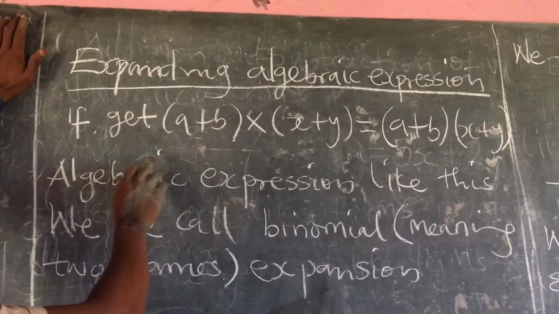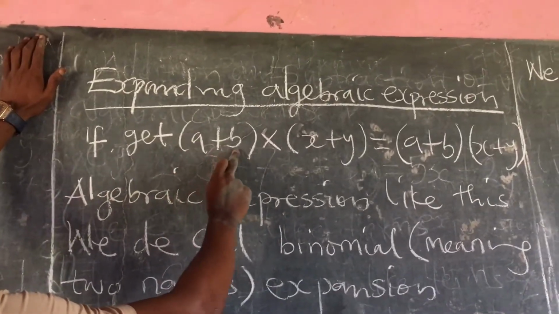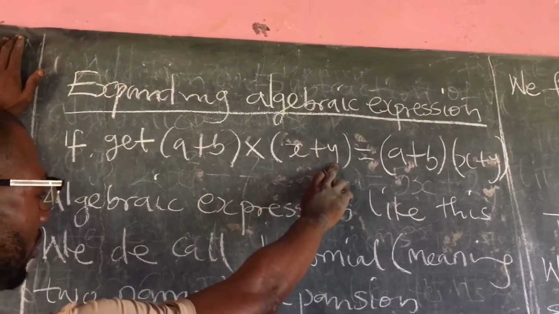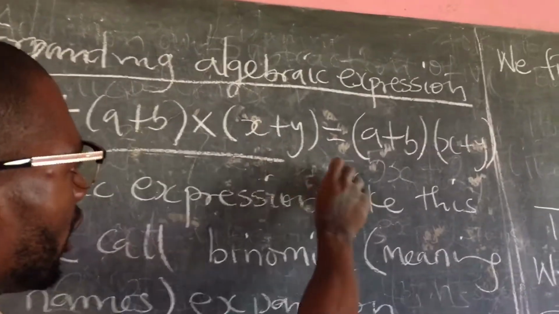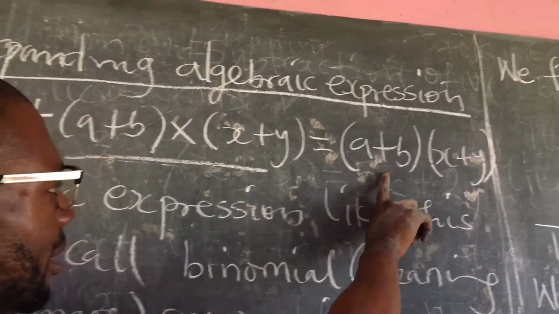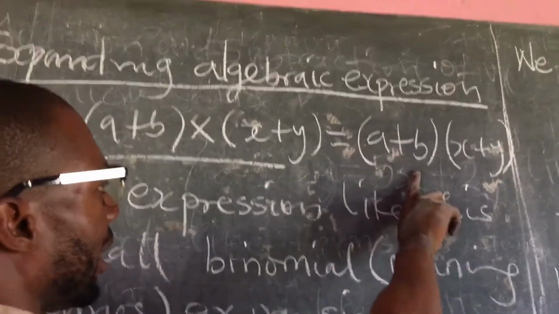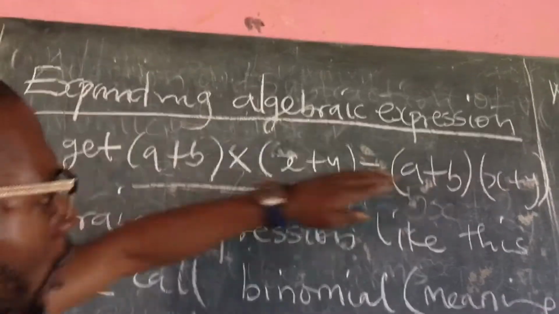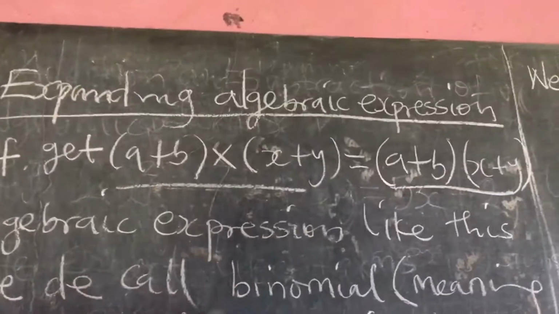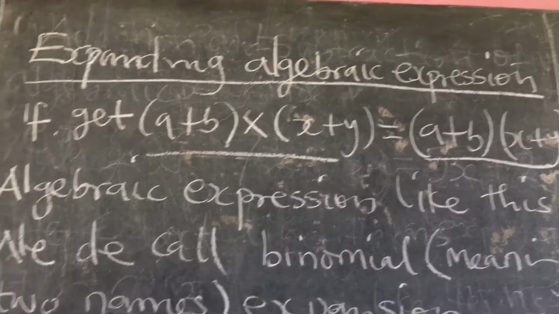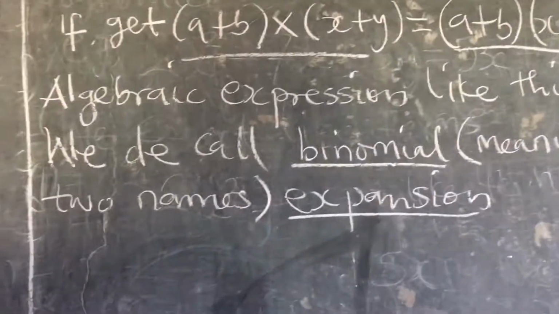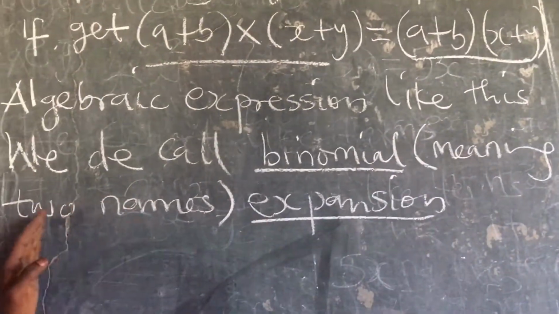Now we want to do expanding algebraic expressions. If we get something like bracket a plus b times x plus y, that is, a plus b in bracket times x plus y, we call that a binomial expression. Binomial means two names.